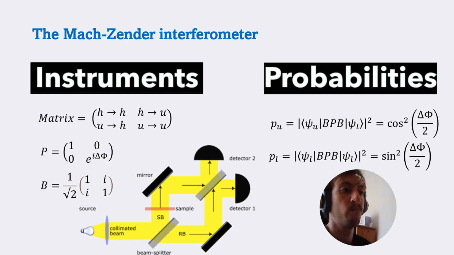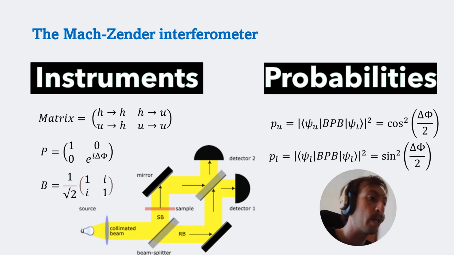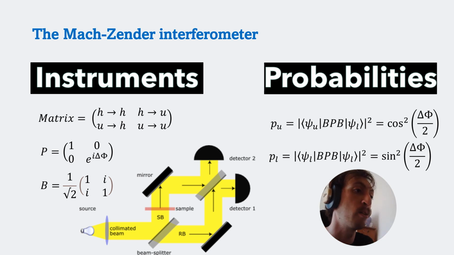So if you know the probability of it hitting one detector, you can immediately find the probability of it hitting the other. And for those of you familiar with trigonometric identities from A-level maths, you will know that if we add our two probabilities together, we will get 1 no matter what phase shift the sample induces.